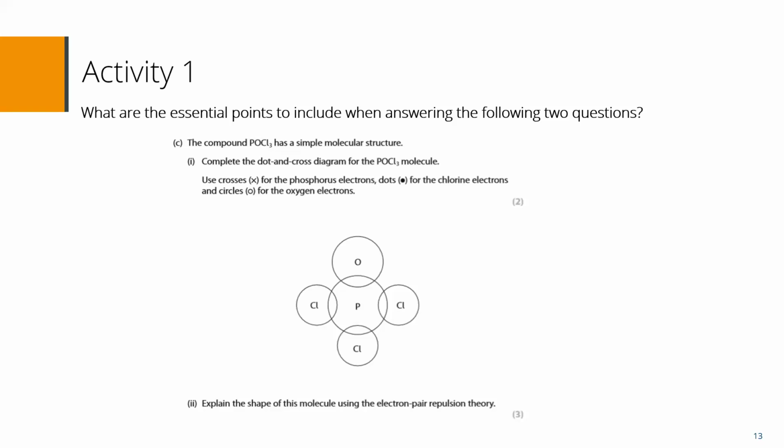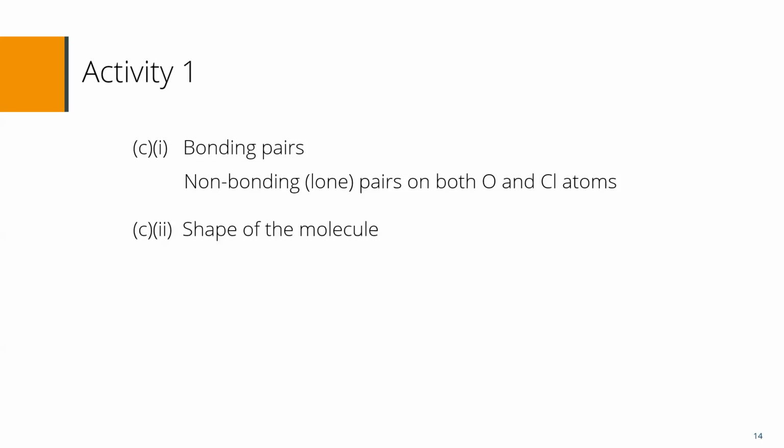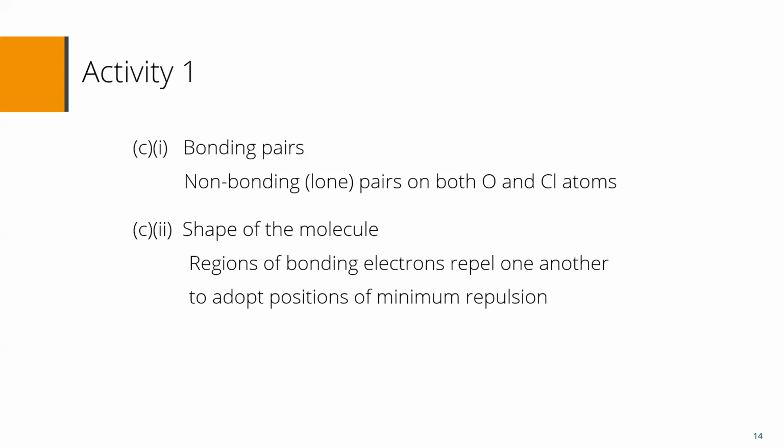writing their answer. So the major points they need to put down here for the dot and cross diagram are the bonding pairs and then the non-bonding pairs on both the oxygen and chlorine atoms. So once they've got that clear in their mind, away they go. The next one, they need to write down the shape of the molecule. Then they need to consider the regions of bonding electrons repel one another to adopt the positions of minimum repulsion. So once they've got that clear in their head, off they go.